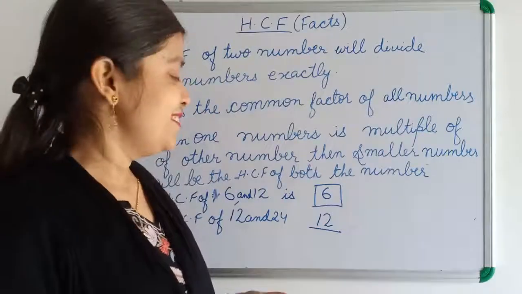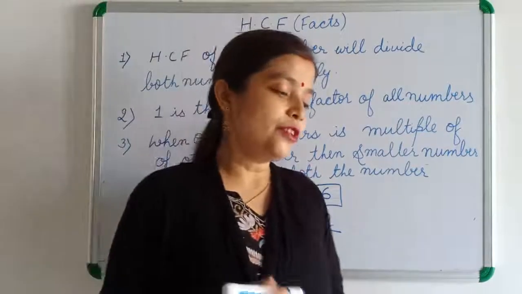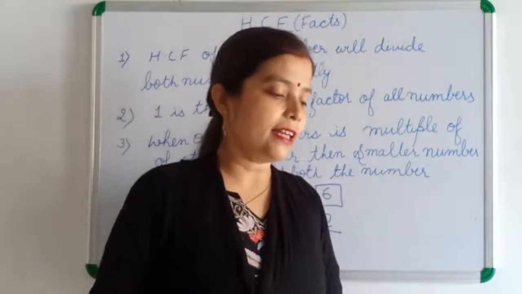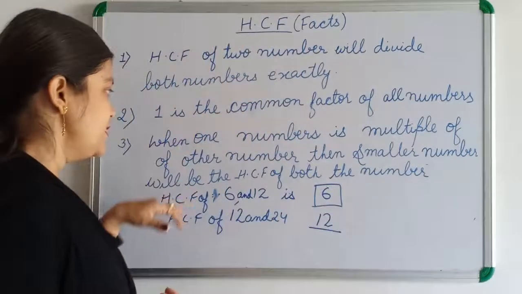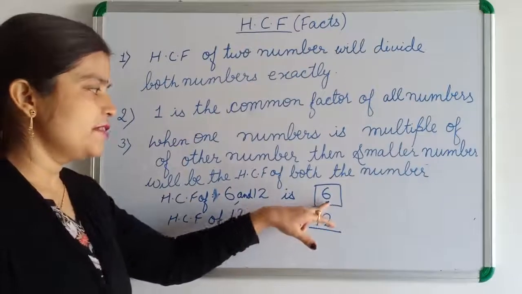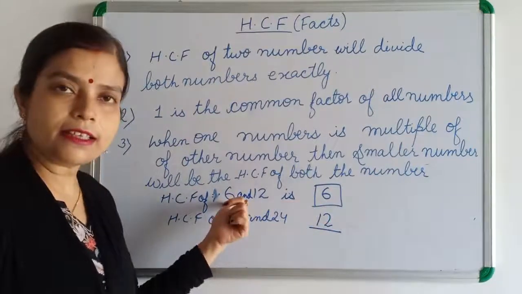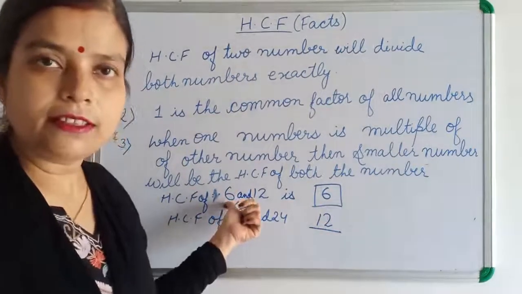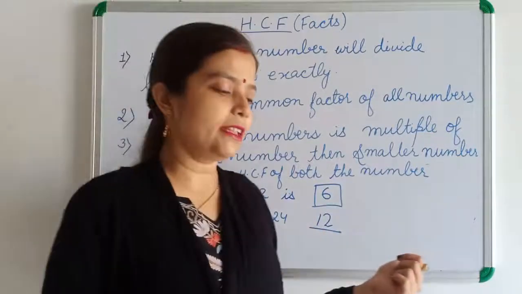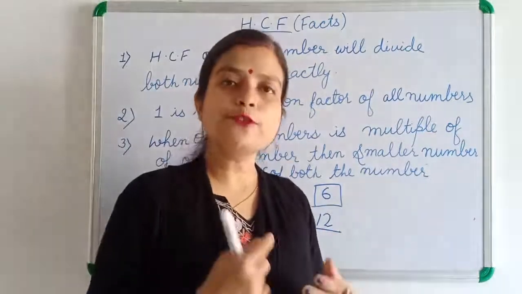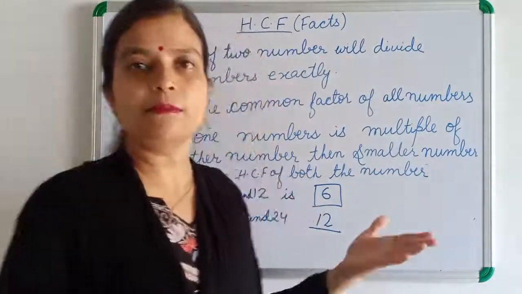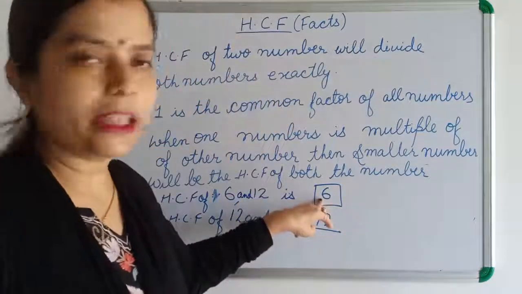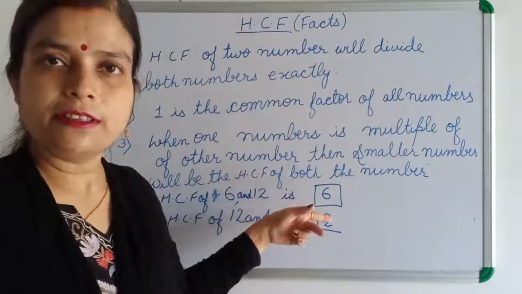Okay. Now the HCF of two numbers is always less than either of the numbers. You can see in this combination the HCF is 6. Is it less than 6? It is equal to 6. And in the statement it is said that the HCF of two numbers is always less than both of the numbers, meaning it should be 5 or 4 here.